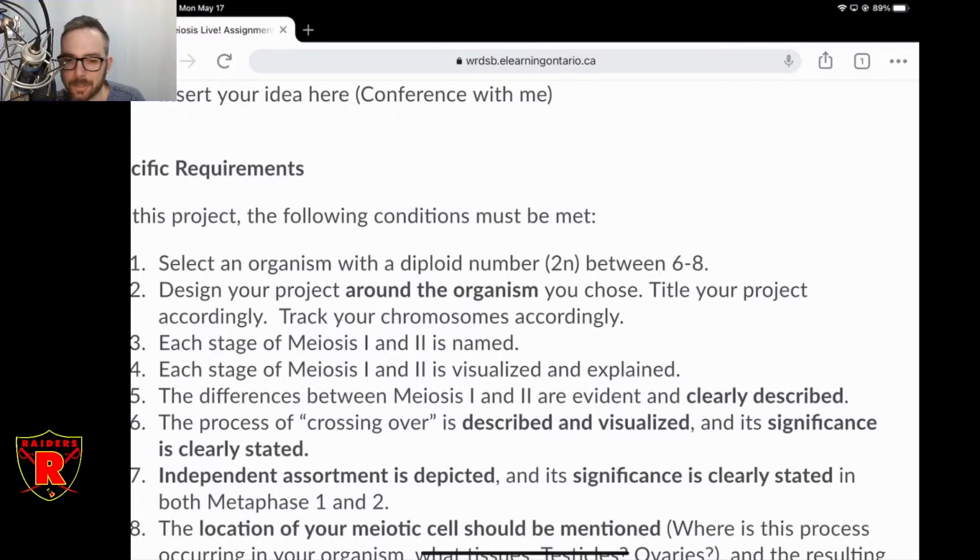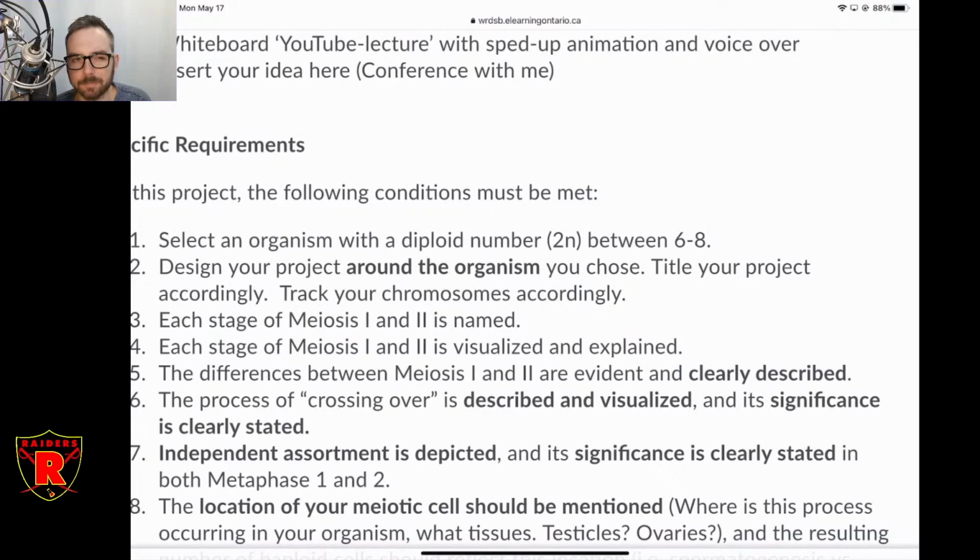And as I did mention the other day, some of them are actually tetraploid, which means that they have 4 of each chromosome instead of 2. They're not diploid. So I wouldn't go that route. I wouldn't pick a plant. So I would say stick to an animal, or you could do protists. It works with sexually reproducing protists as well. But don't pick asexually reproducing protists. Not all of them are truly diploid.